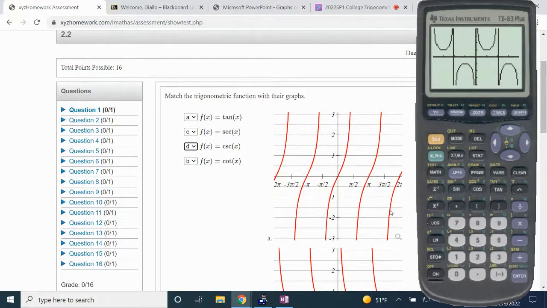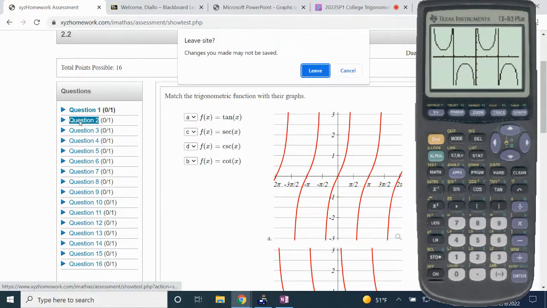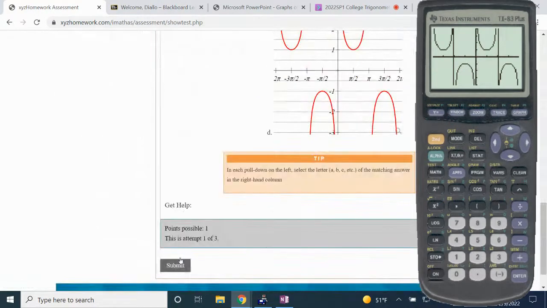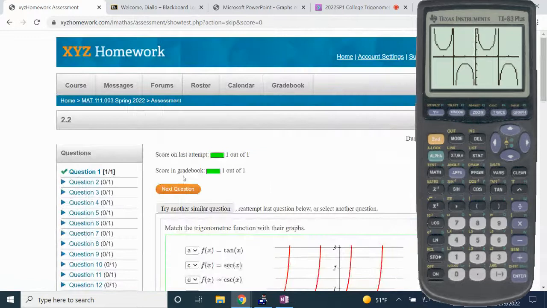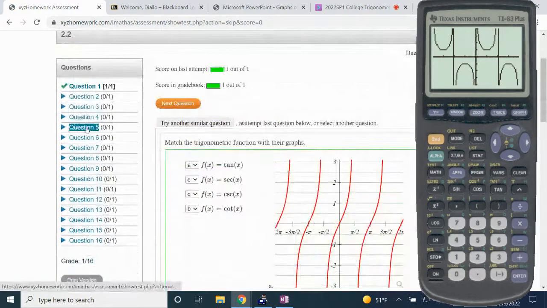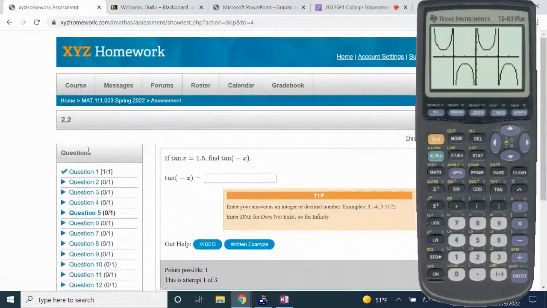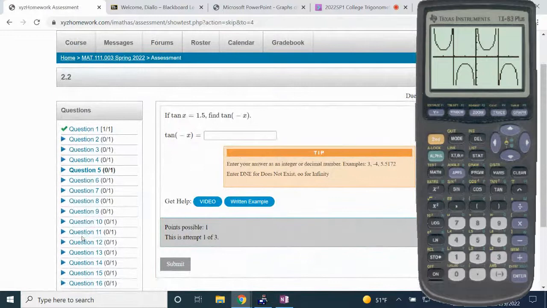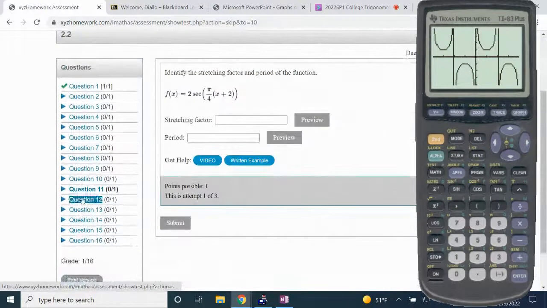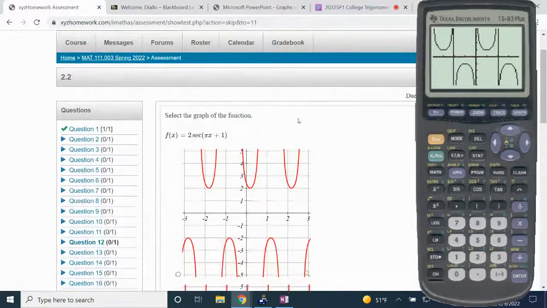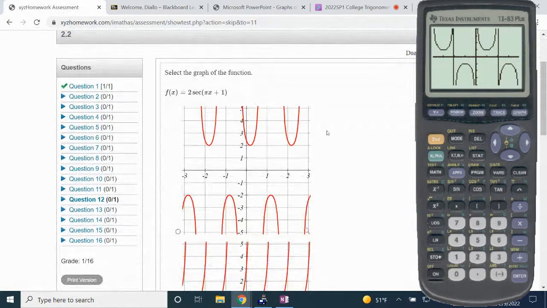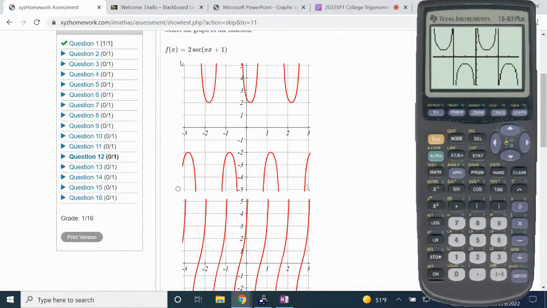All right. On some of the problems, you're asked to match a graph to the given answer choices.